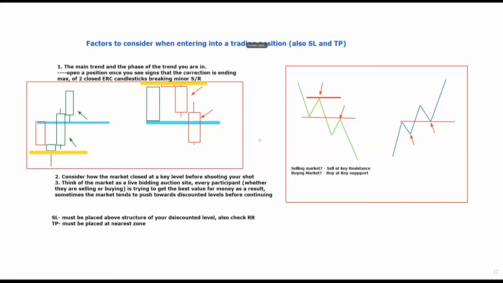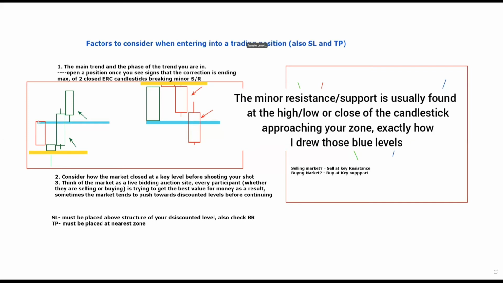So let's say you're in a situation right here, an impulse, and now the market is correcting and approaching a key level of support, right? You're going to identify a minor resistance on a lower time frame.